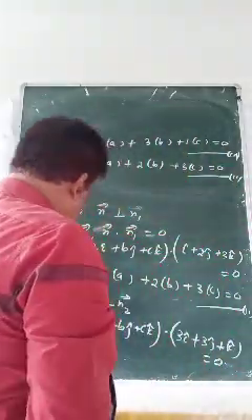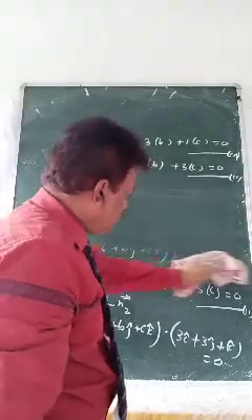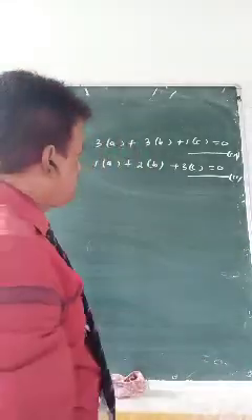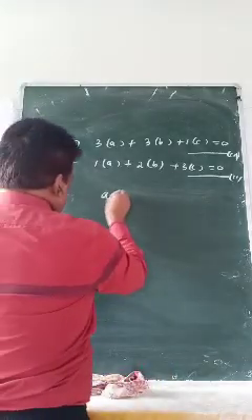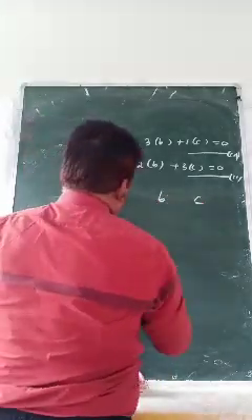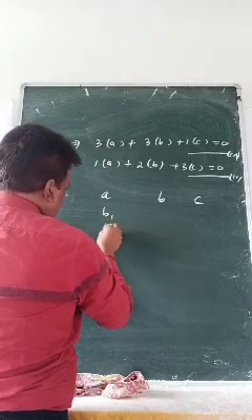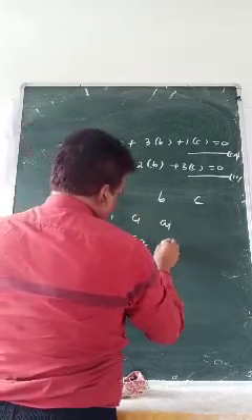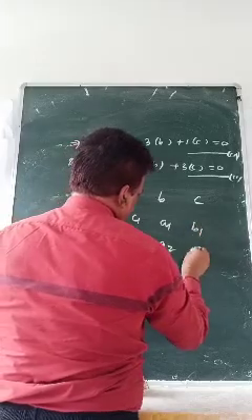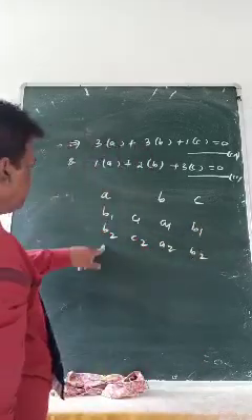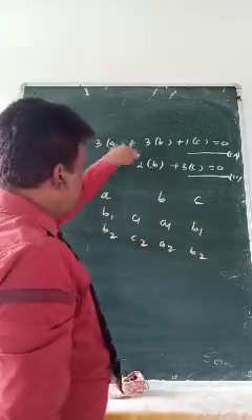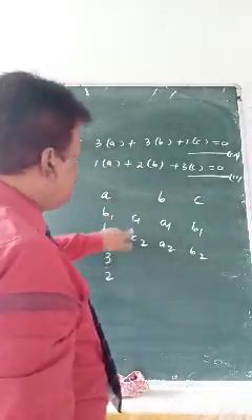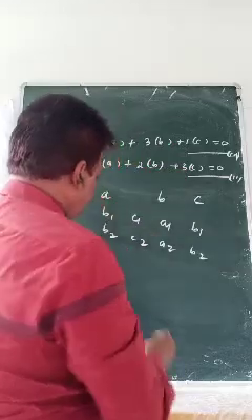How to solve? Last time I told you in the vector chapter how to solve this question. Now A, B, C: remember A1, A2, B1, B2, C1, C2. B1, B2 are 3, 2. C1, C2 are 1, 3.